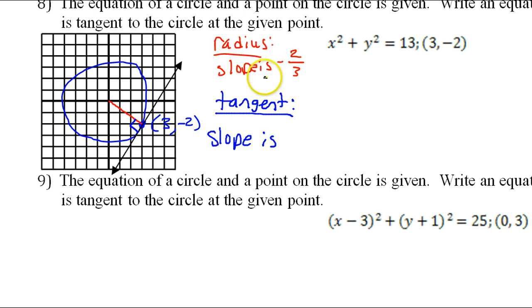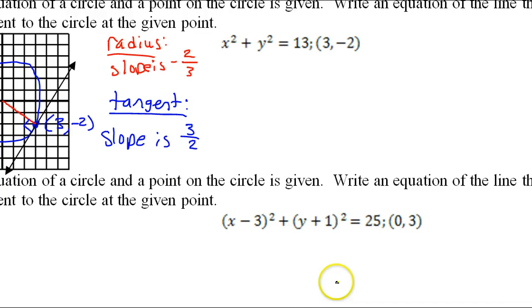So their slopes should be opposite and reciprocal. So if this one is negative, then the tangent will be positive. And if this is 2 over 3, then the tangent will be 3 over 2. So this is the slope of the tangent line. First you find the slope of the radius, and then you take the opposite reciprocal, and you've got the slope of the tangent.